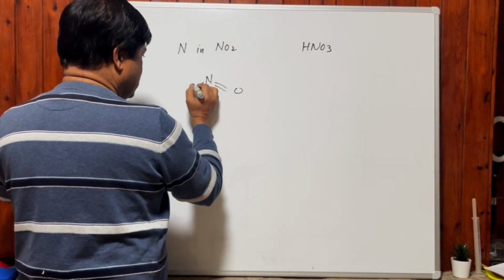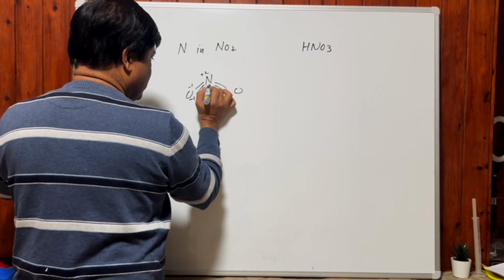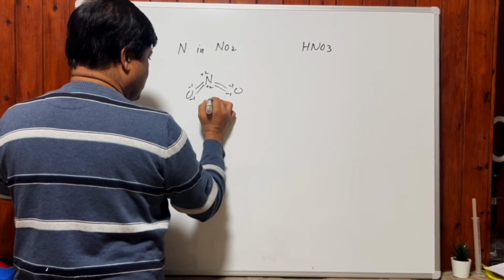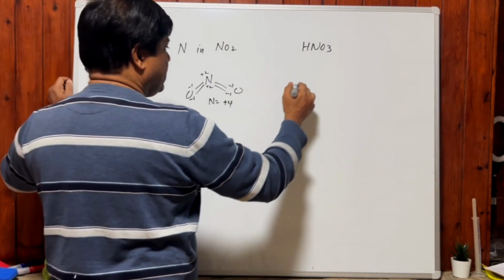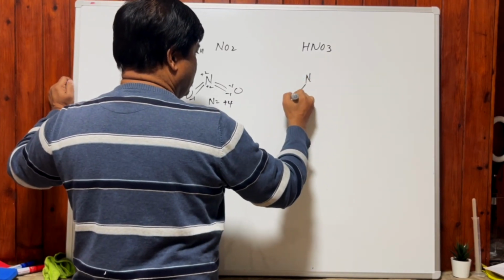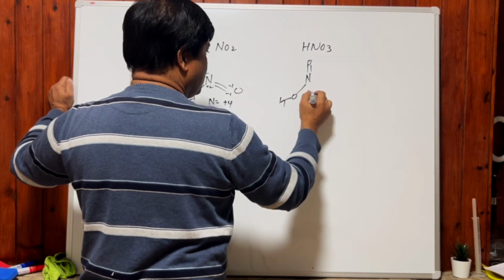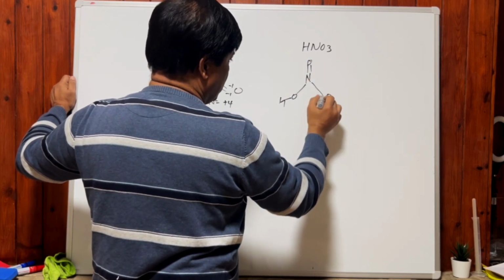So nitrogen: minus 1, plus 2, minus 1, plus 2, minus 1. So N equals plus 4. Okay. N, hydrogen, a double bond O, HN, 1, 2, 3.